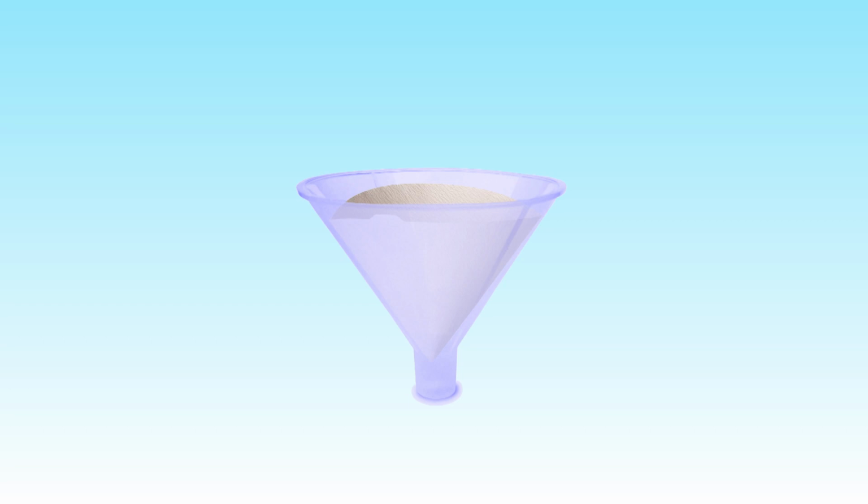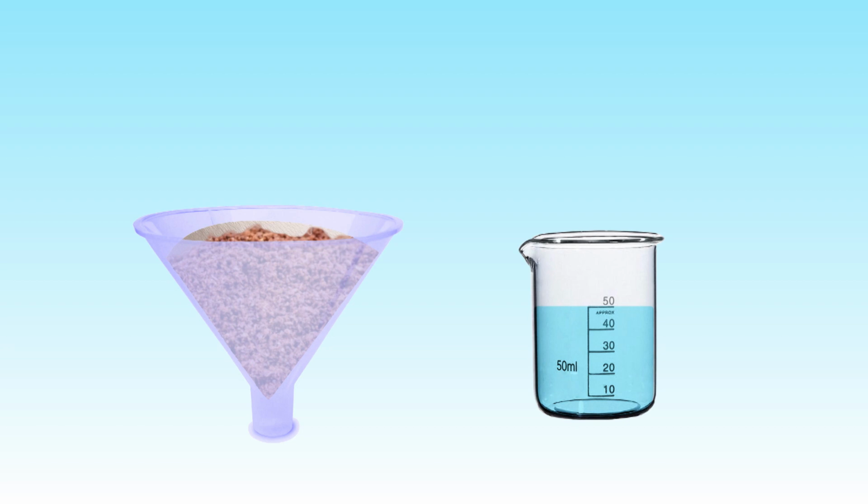Weigh 50 grams of dry powdered soil and pour it into the funnel. Measure a certain amount of water in a measuring cylinder and pour it drop by drop on the soil. Pour water all over the soil. Keep pouring water till it starts dripping.